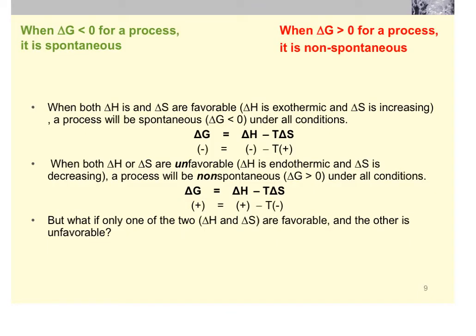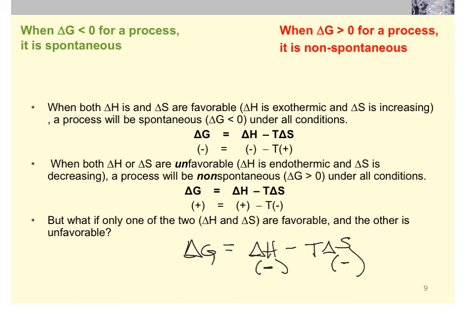So where the brain twister comes in is if one, let's say enthalpy is favorable and entropy is not, or vice versa. What if entropy is favorable and enthalpy is not? So that would mean, mathematically speaking, according to the equation, we would have a situation like this. So let's say enthalpy would be favorable and entropy would be unfavorable.